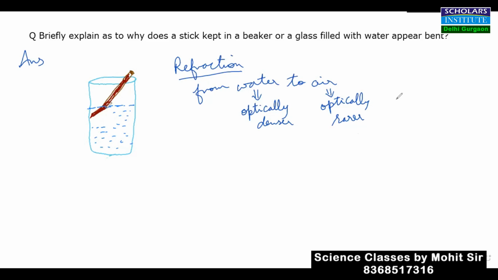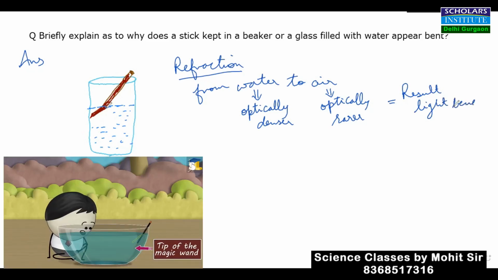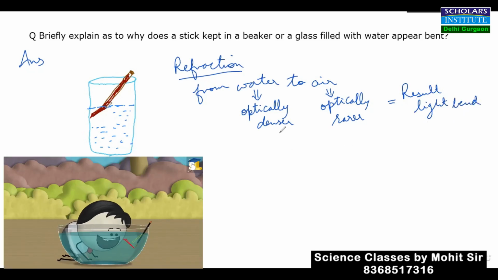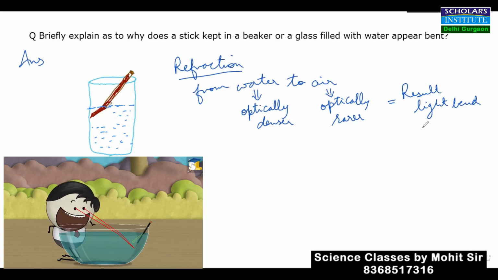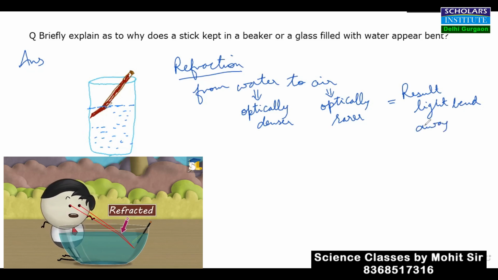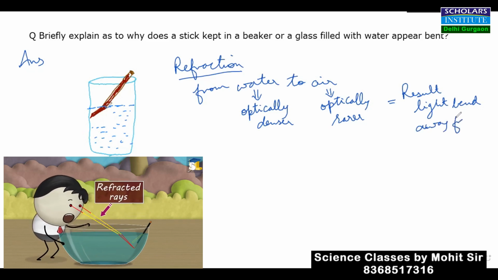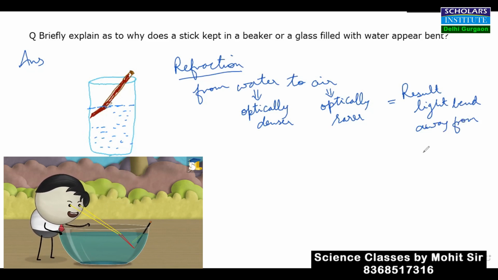So when the light is going from a denser to rarer medium, the result is light is going to bend DRA, away from normal. Denser to rarer, away from the normal.